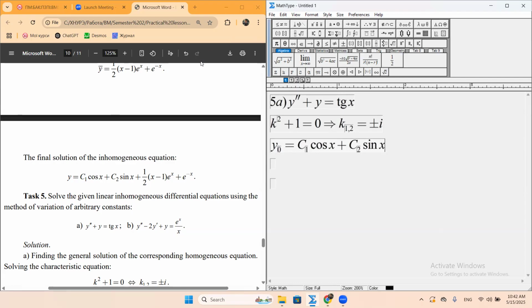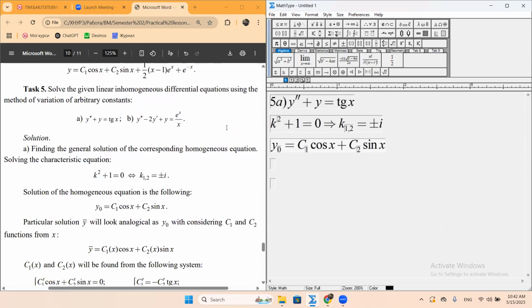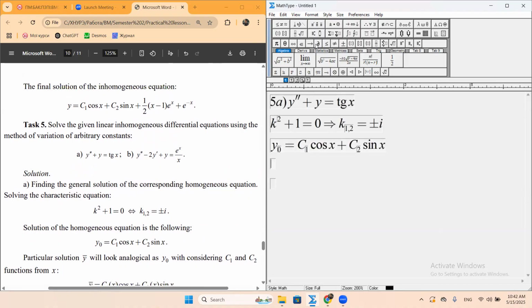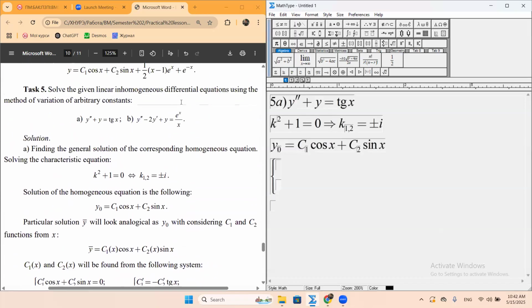And then how to use the method of arbitrary constants. I will have to solve the following system. By the way, the partial solution y will be found by the following formula.